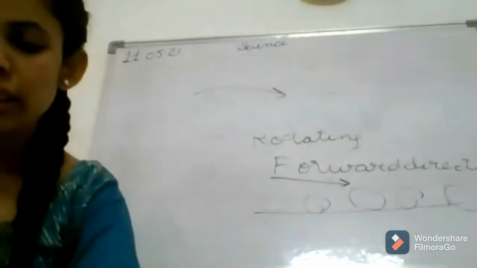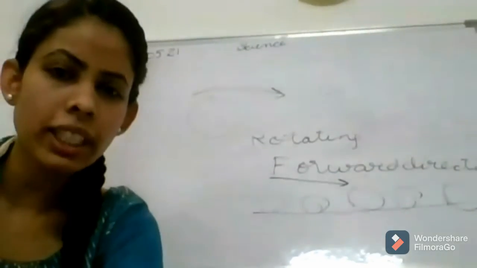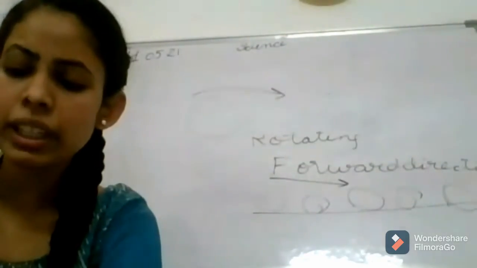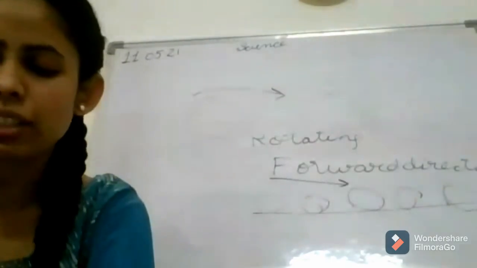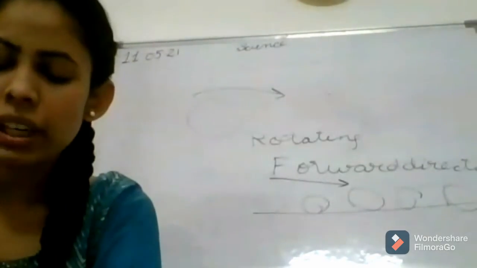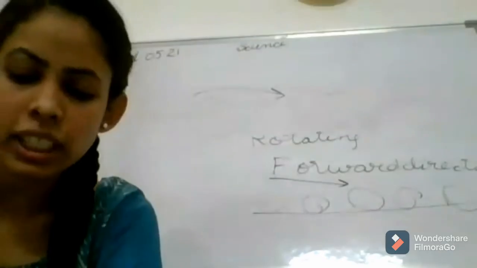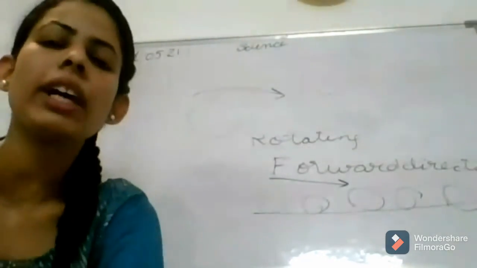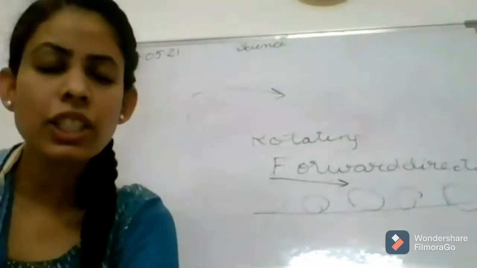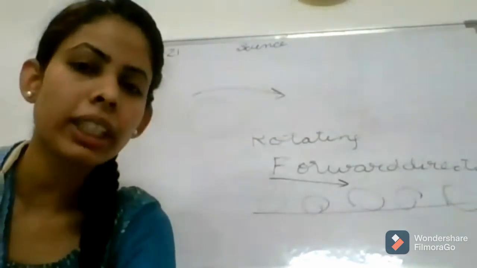Clear? Now we will conclude this chapter: we did many measurement activities and discussed some kinds of motion. We saw that motion is a change in the position of an object with time. You all know what motion is: when there is a change in the position of an object with time.